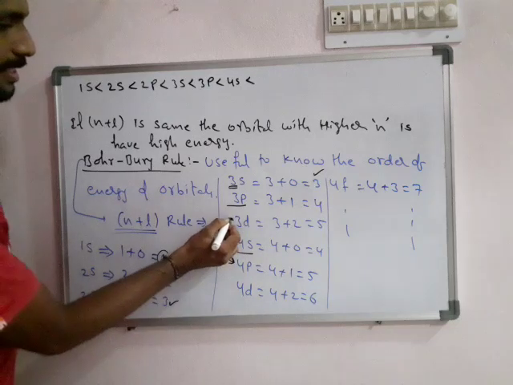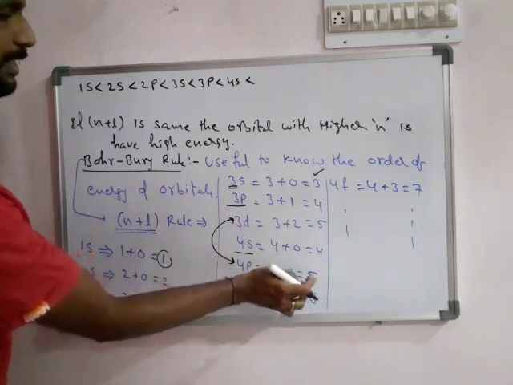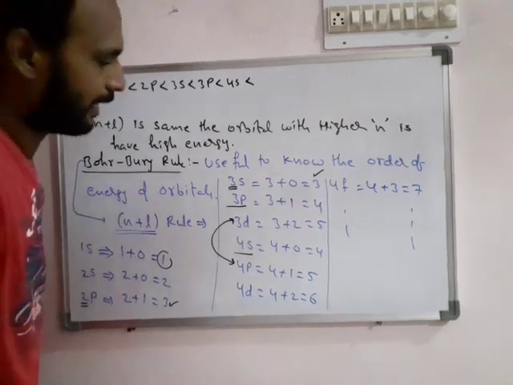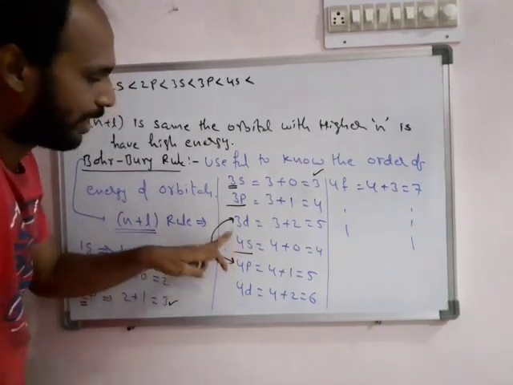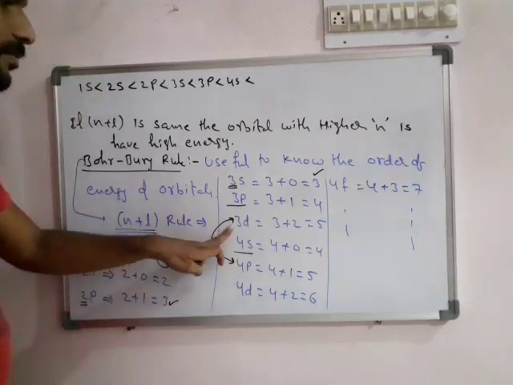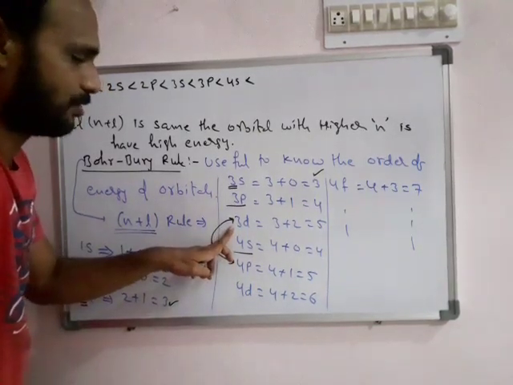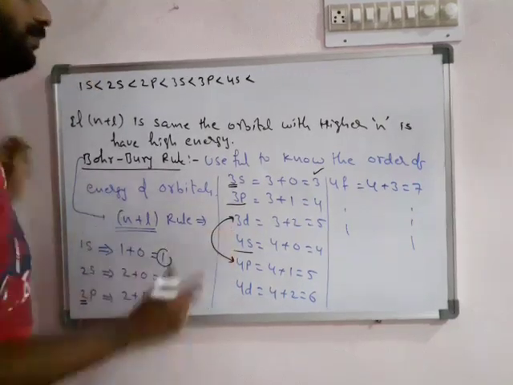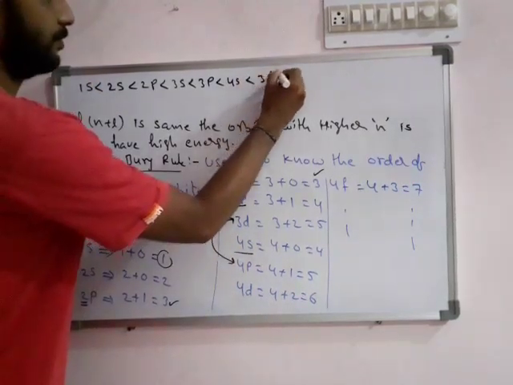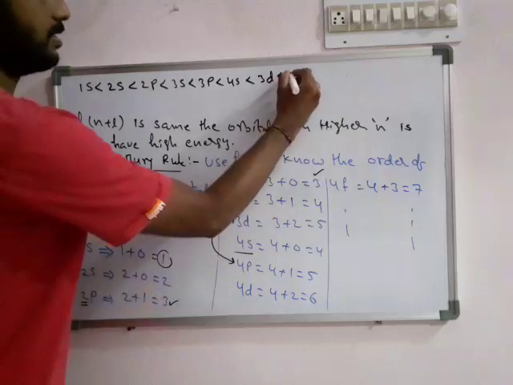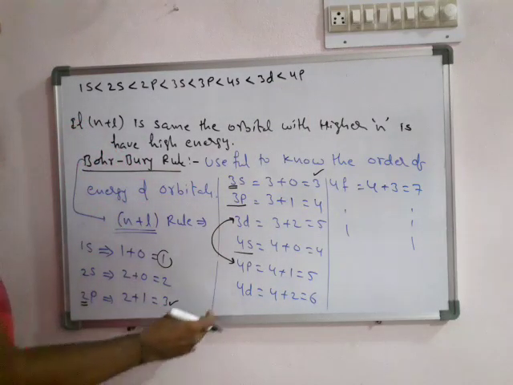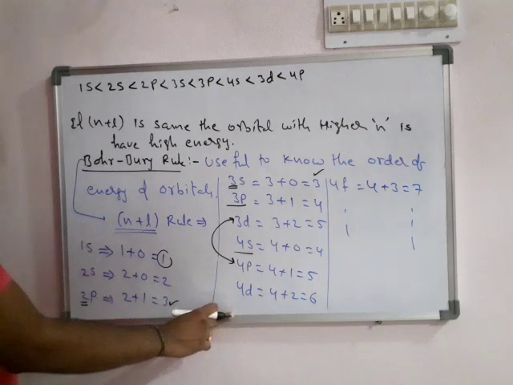Again both have the same n plus l value, so we compare the n value. The higher the n, the higher the energy, so this one is low. After 3d comes 4p, and after 4p the remaining one is 4d.